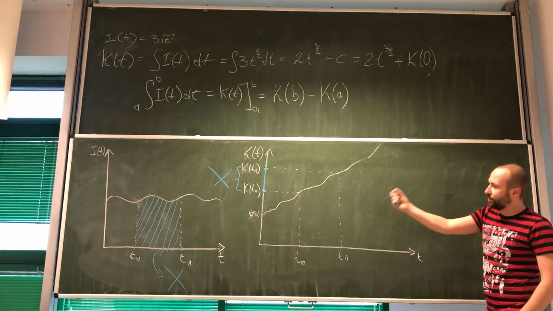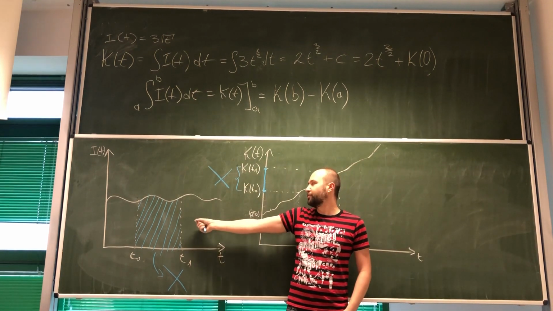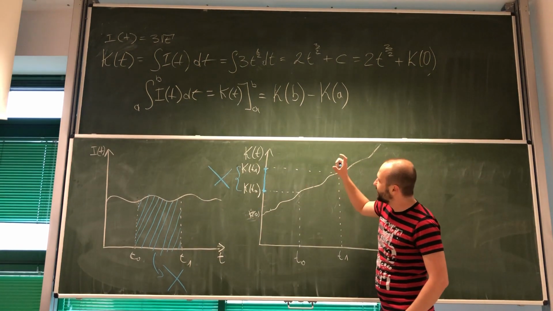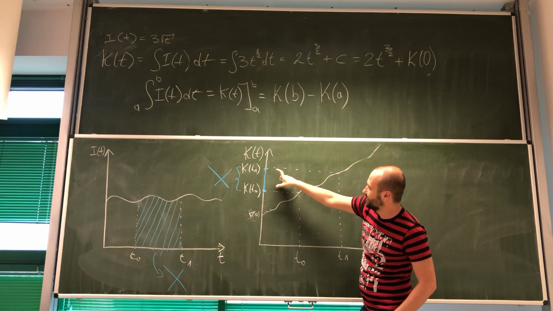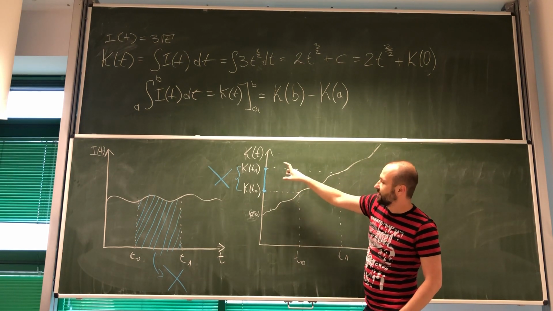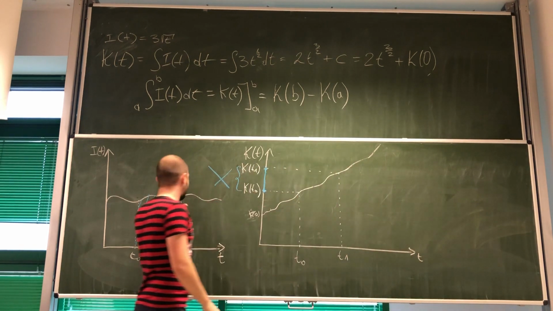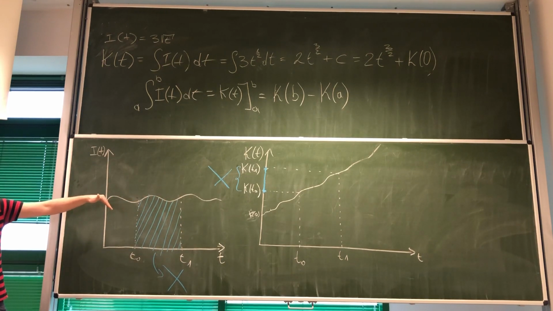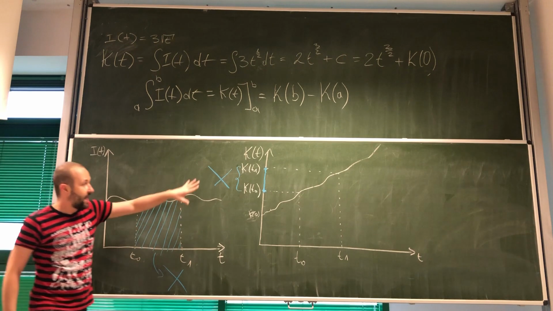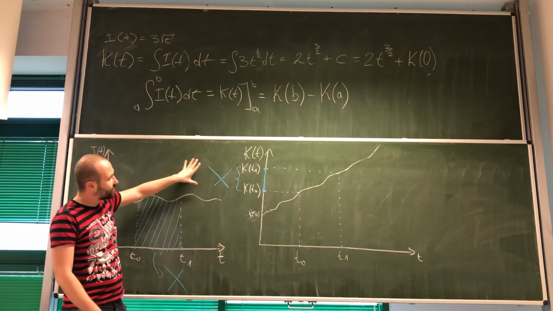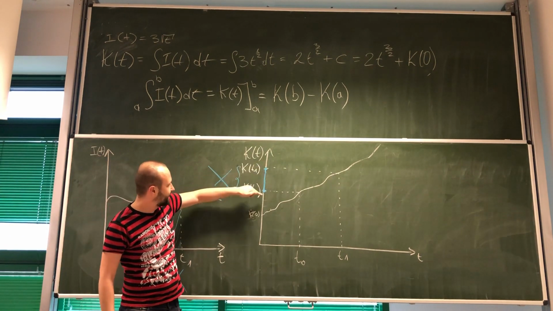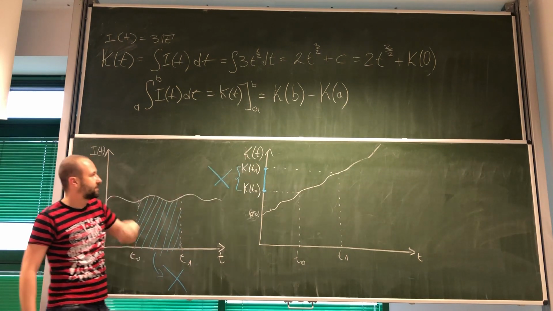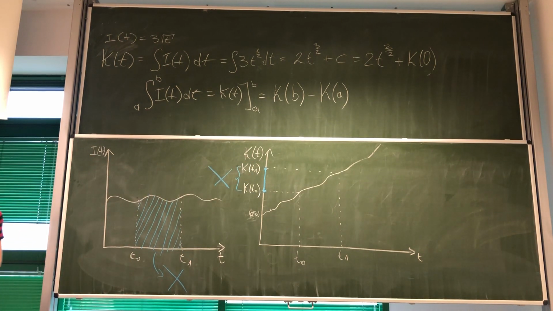So the areas we would be obtaining over here would be equal to the distances we obtain over here. So as you see, the accumulation of capital you can see either as the area below the investment function, net investment of course, or as the distance between the two points on the capital function graph.